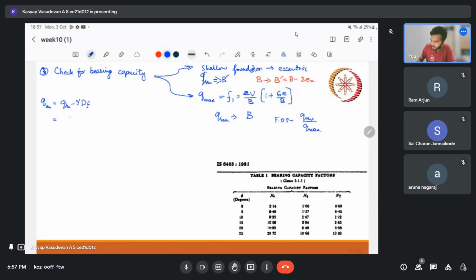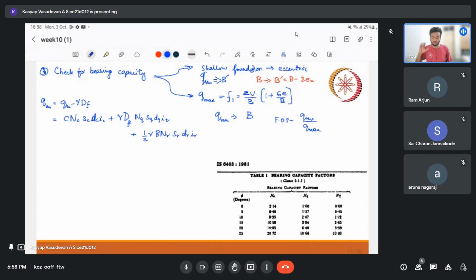This is equal to c N_c s_c d_c i_c, I hope you remember this, we had done this before, the IS code for the Meyerhof, whatever Meyerhof came up with, plus q N_q s_q d_q i_q plus half gamma B N_gamma s_gamma d_gamma i_gamma. So we need to find the other correction factors. Let us find each of them.